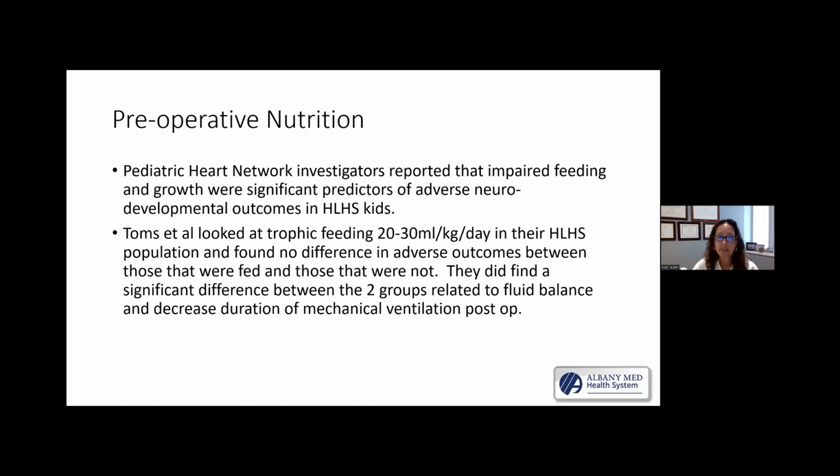They did find a significant difference between the two groups related to fluid balance and decreased duration of ventilation post-op, which just goes to support the idea that it is imperative to give these infants some type of enteral nutrition to try to promote all of the important benefits that breast milk has in terms of GI maturation and the immunological benefits.